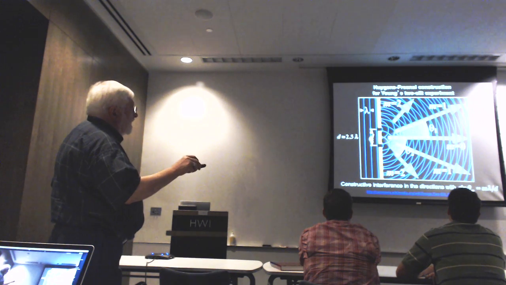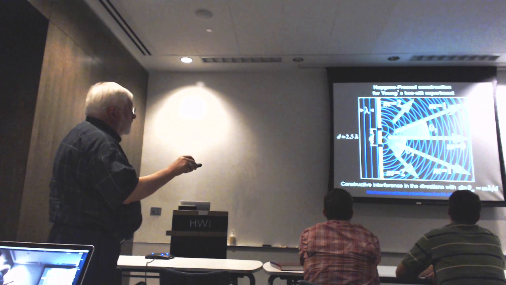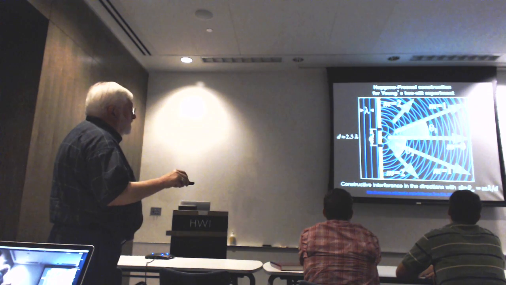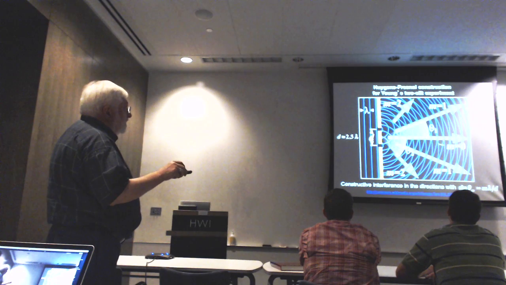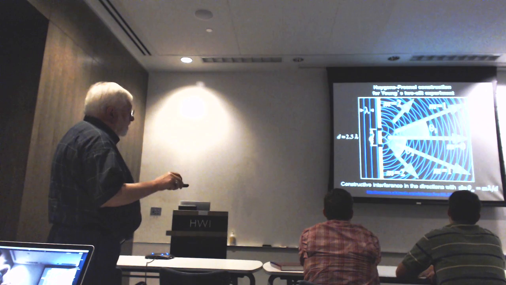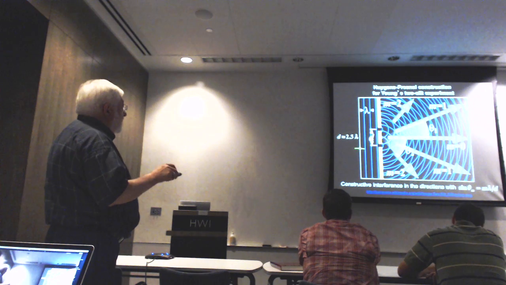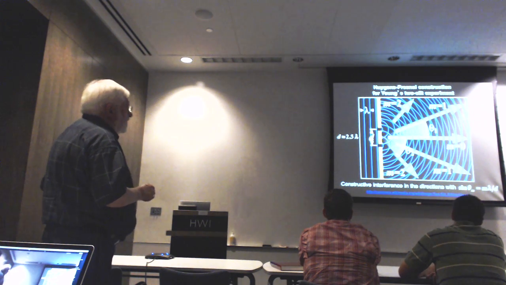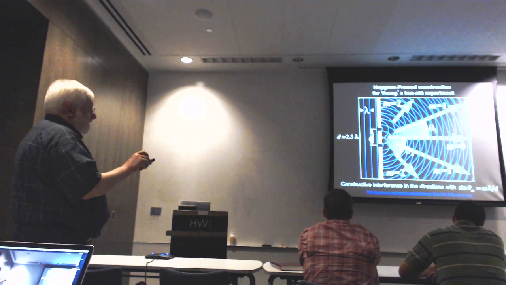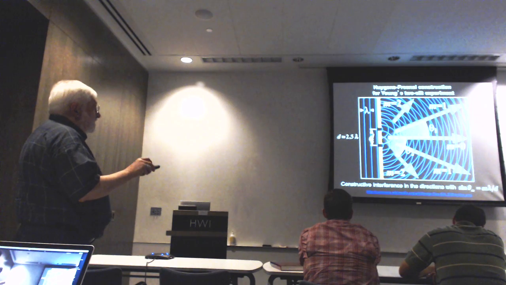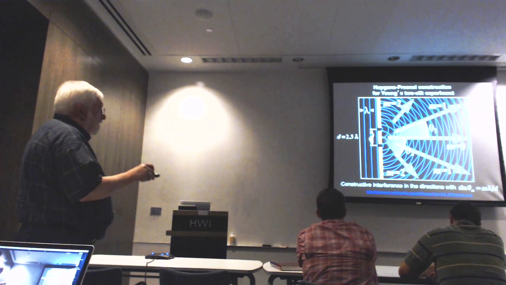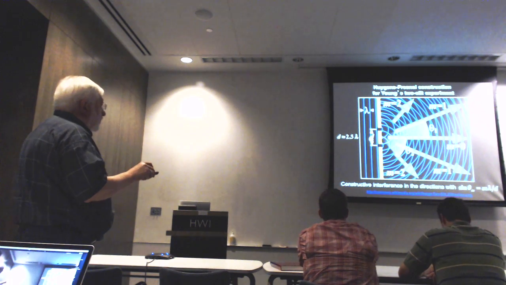So there is constructive interference here, destructive interference here. And the condition for seeing these bright bands is that the angle at which those bands occur must be an integer number of wavelengths divided by the spacing between the two apertures. So again and again, we see this sine theta being related to an integer number of wavelengths.